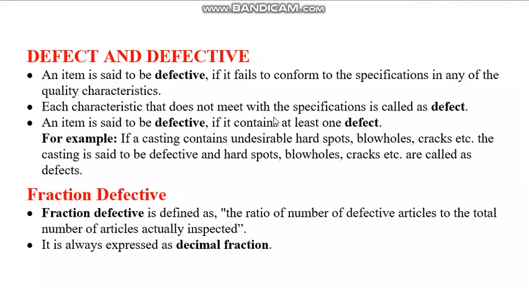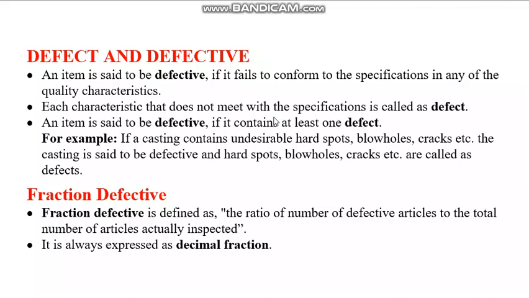In our case, where we have a shaft, there are two quality characteristics, diameter and length. If only the diameter is not conforming but the length is conforming, that means there is one defect, and because of that one defect there is one defective piece. Suppose it is not conforming to the length as well as the diameter, then it has two defects but one defective part.